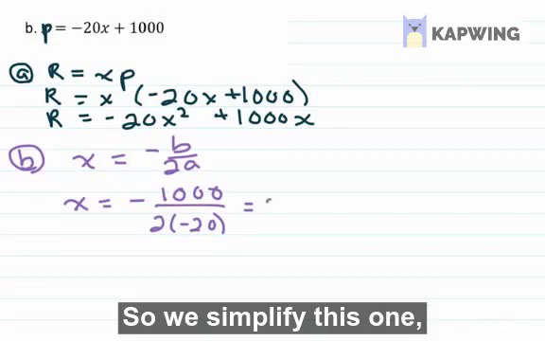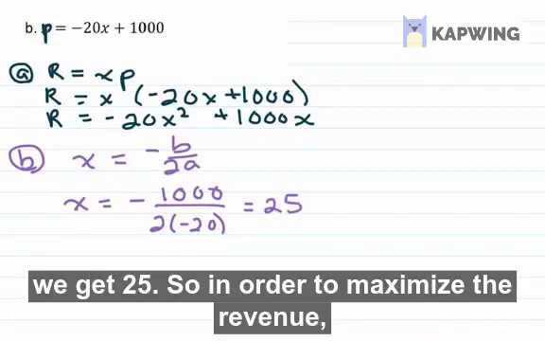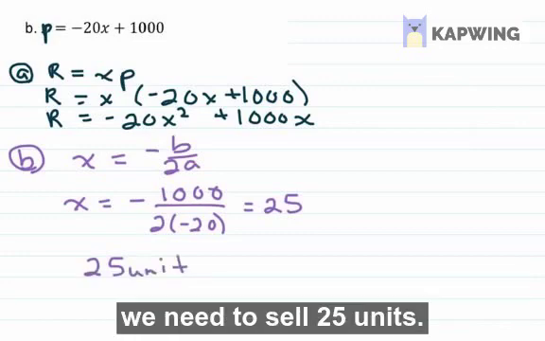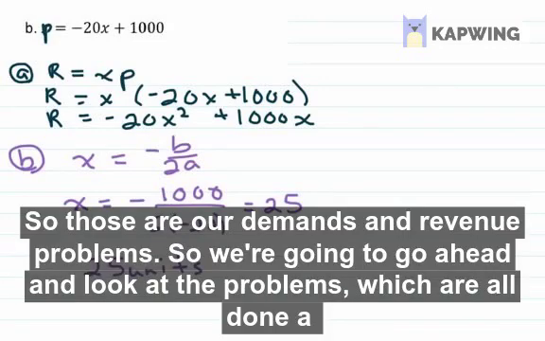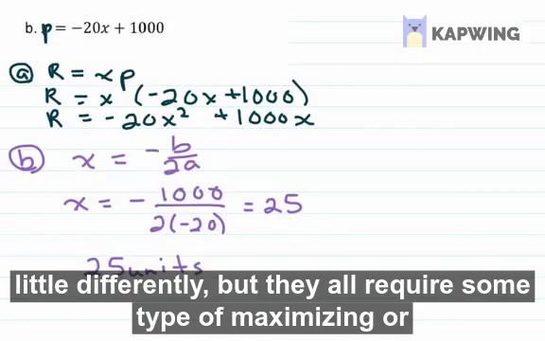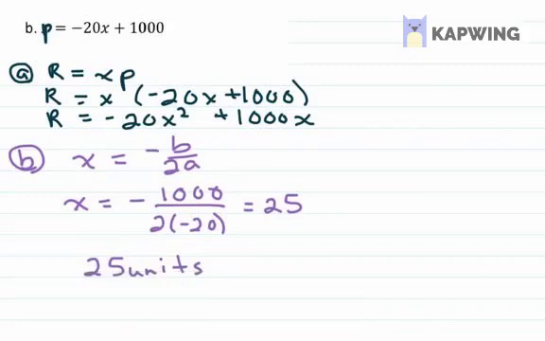So we simplify this one. We get 25. So in order to maximize the revenue, we need to sell 25 units. So those are our demand and revenue problems. So we're going to go ahead and look at the other problems, which are all done a little differently, but they all require some type of maximizing or minimizing.